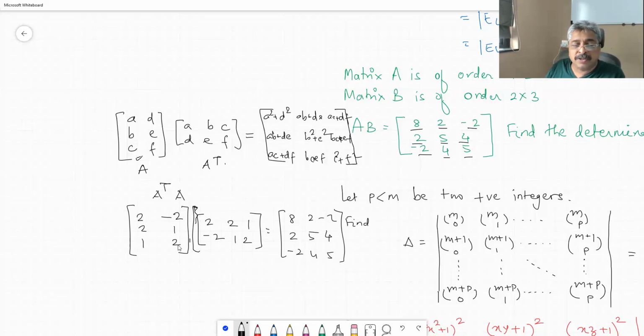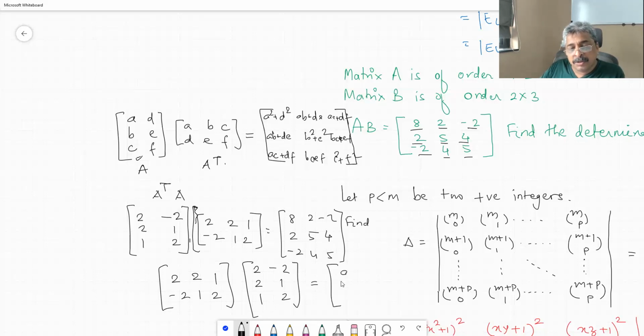Once you are done with this, it is just flipping and getting the answer. [2, 2, 1; -2, 1, 2] multiplied by [2, 2, 1; -2, 1, 2]. It becomes 9, 9, 0, 0.